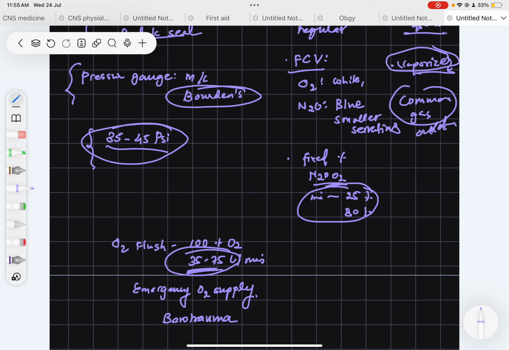Amnesia should be there, so no formation of memory of the surgery. Then we have to give the analgesia and muscle relaxant, so the sensory and motor systems will be calmed down.